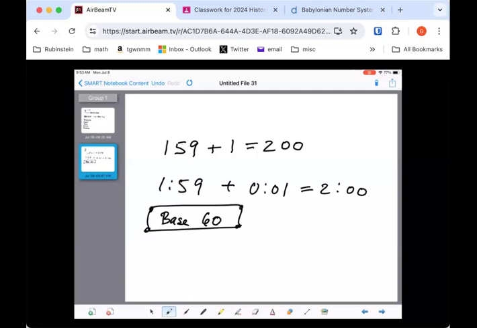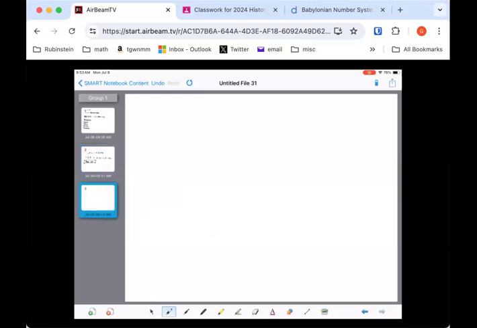And that's how we're going to start the course, with the Babylonian number system. I'll go to the next page. Now, the Babylonians would write their numbers on clay tablets. The clay would be wet, and they had a tool that we now call a stylus, and they could make little markings, which kind of looked like triangles.